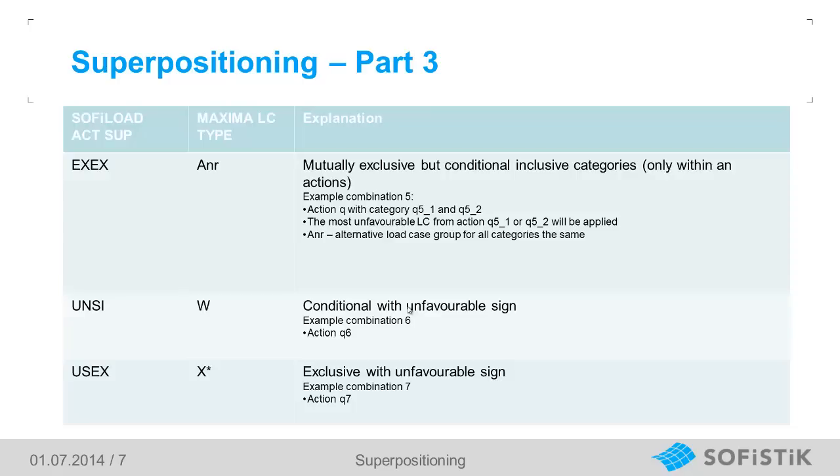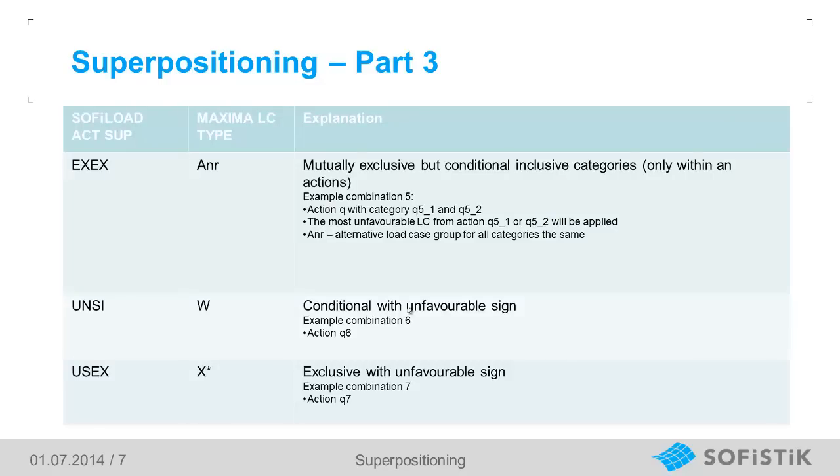Looking at the example again, we have the action Q and two categories, Q5_1 and Q5_2. If we use this type, only one load case of the two categories will be taken into account, but only if it has an unfavorable contribution. That's the difference between EXCL and EXEX.